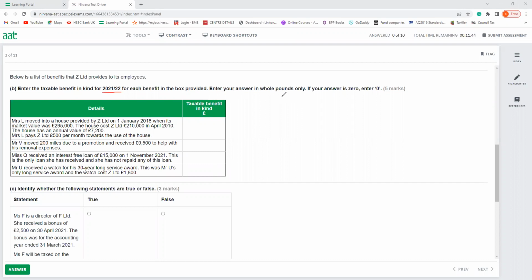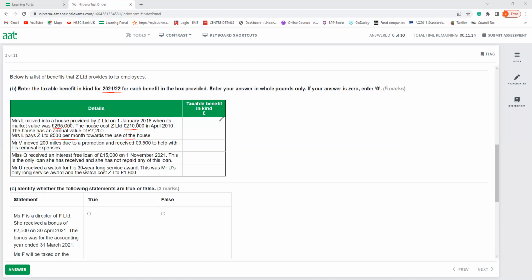Enter your answer in whole pounds only. If your answer is 0, enter 0. Mrs. L moved into a house provided by Z Limited on 1st January 2018 when its market value was 295,000. The house cost Z Limited 210,000 in April 2010. Mrs. L pays Z Limited 500 per month toward the house use.